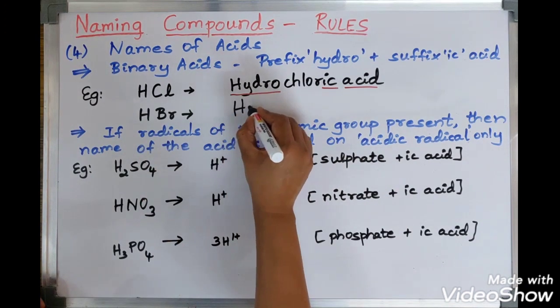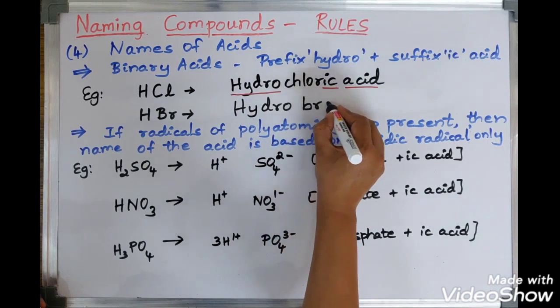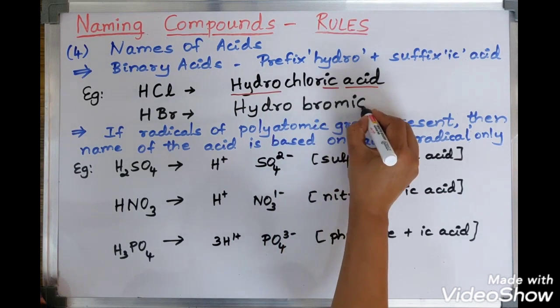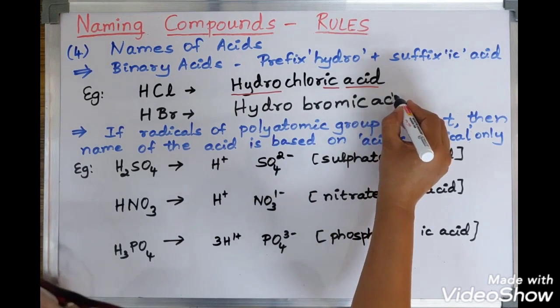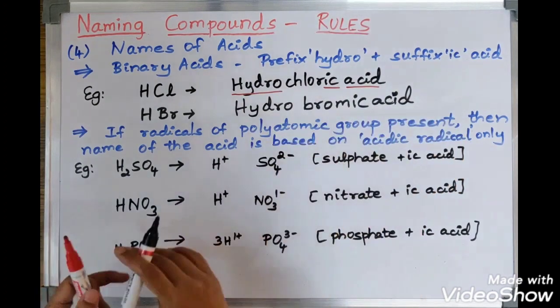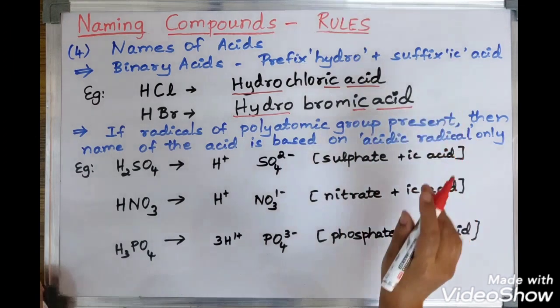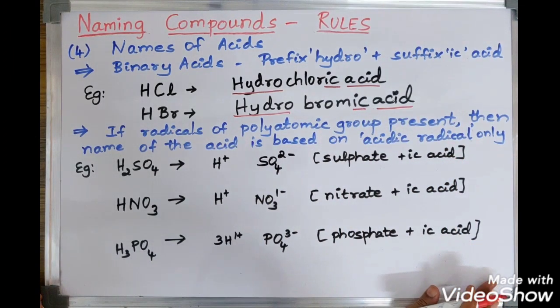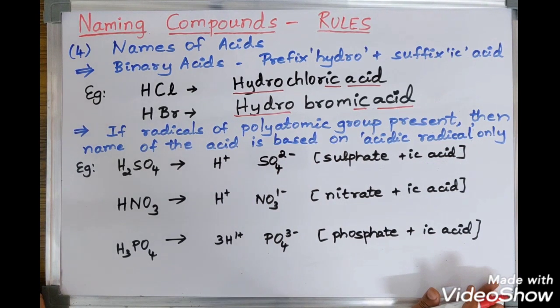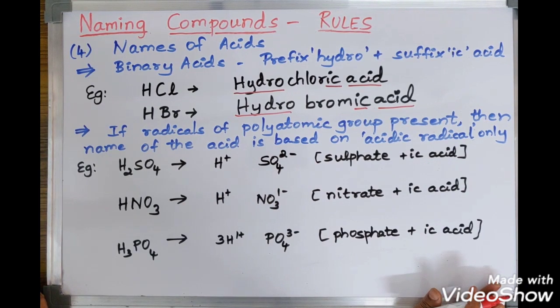The prefix will be hydro and the root word, with the suffix as ic acid: hydrobromic acid. Similarly, we will write for HF, hydrofluoric acid, and HI, hydroiodic acid. So this is the rule for binary acids.